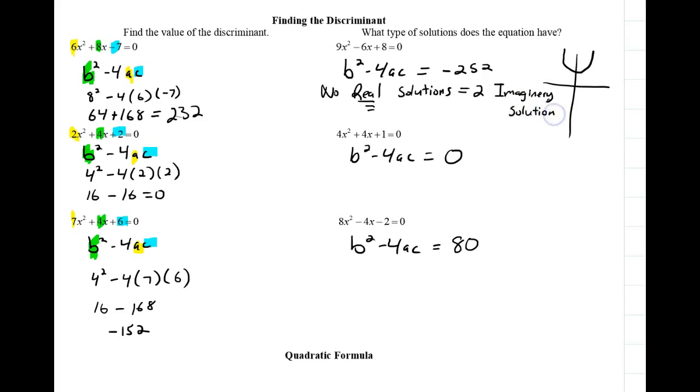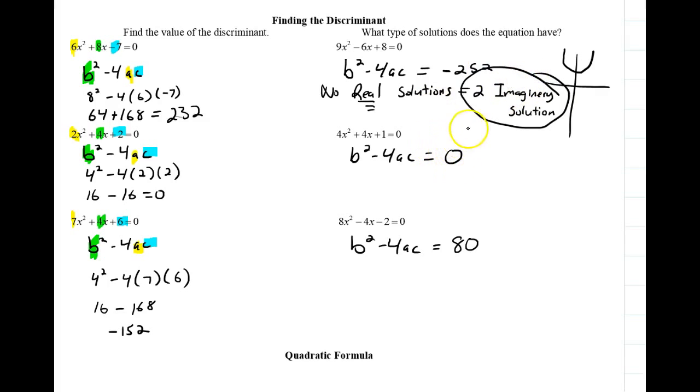So if you remember in IXL, when I had a multiple choice question like this, it said no solutions. But that's not what I'm saying. I'm saying no real solutions. So I would just stick with this, two imaginary solutions.